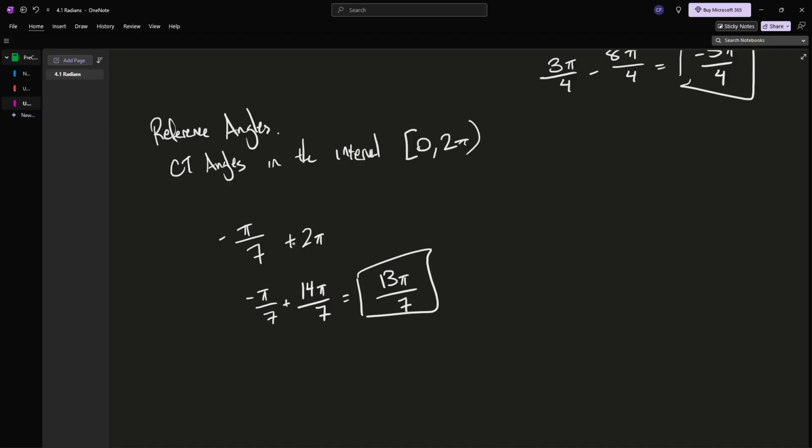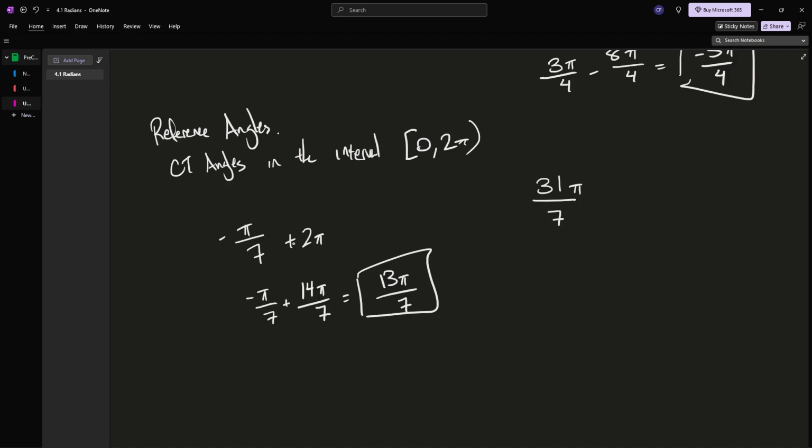So let's actually now find one like 31 over 7 pi. I did 7 again by accident, but we'll just stick with it. So first we need to check, is it too big? Is this bigger than 2 pi?